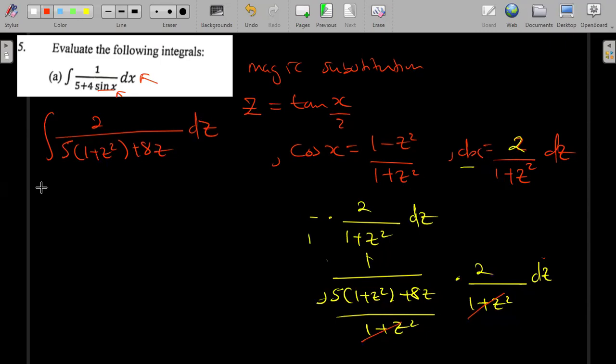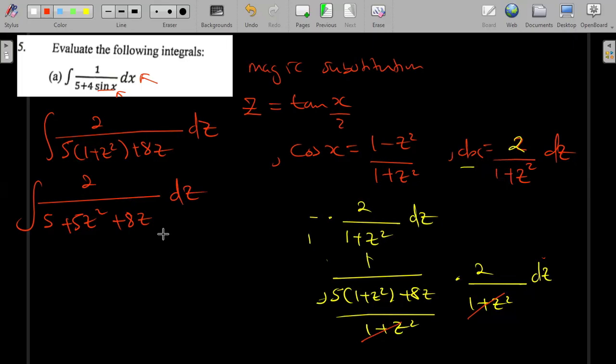Then I can expand what is down there: 5 plus 5z squared plus 8z, dz. So this is what I get.